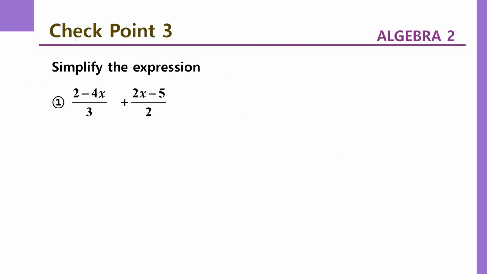The question is to simplify the expression. Now we're going to add or subtract polynomials in fraction form. So first thing we have to do is find the common denominator of each term right here. The common denominator should be the least common multiple of these denominators. So for number 1, we have a 1, 3, 1, 2, right?